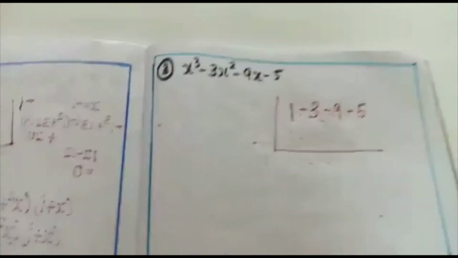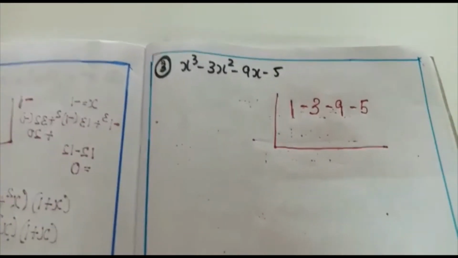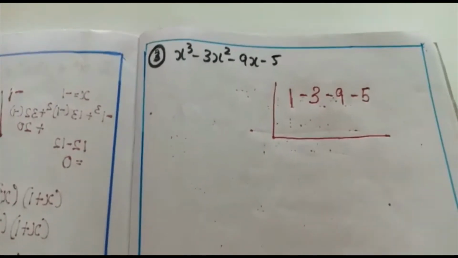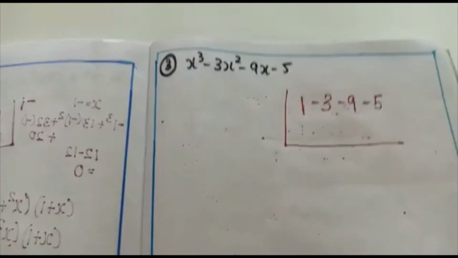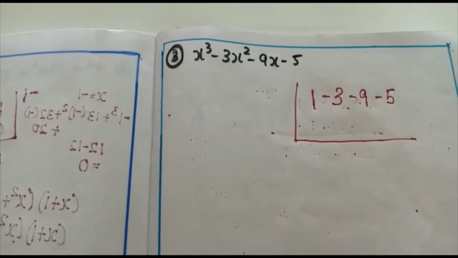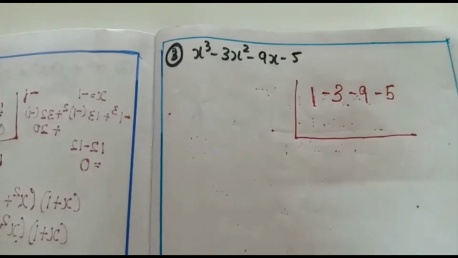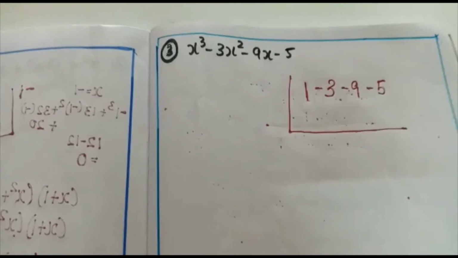And now we have to choose a number which, when substituted instead of x, we get the answer as 0. Using trial and error method, when we substitute 1, we don't get the answer. Try it out. When we substitute minus 1, we get the answer.